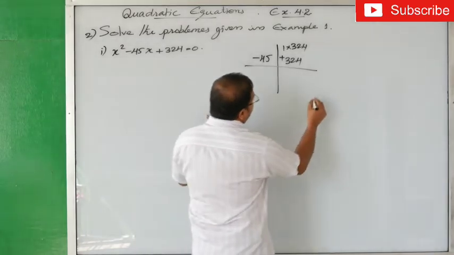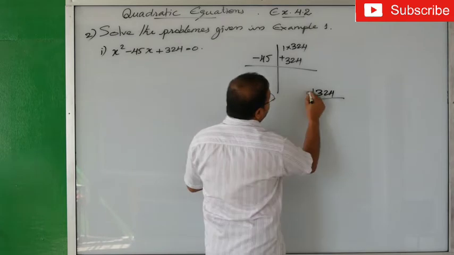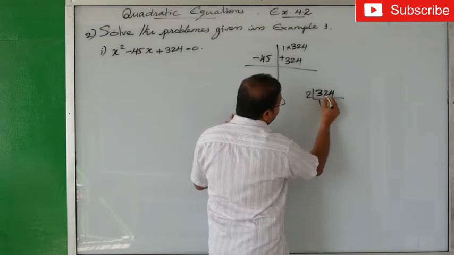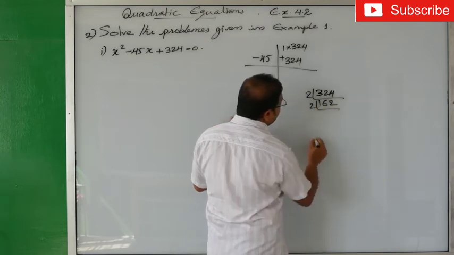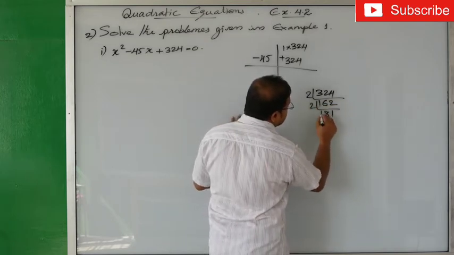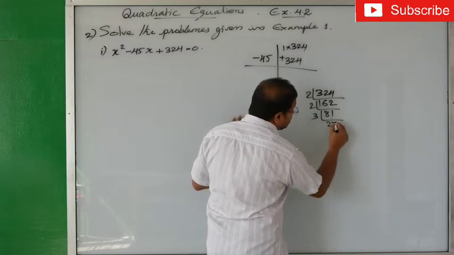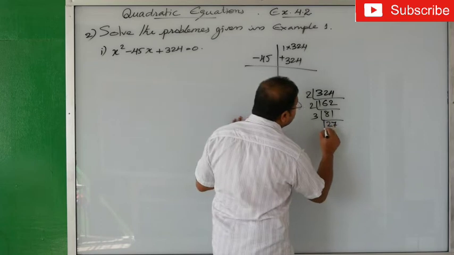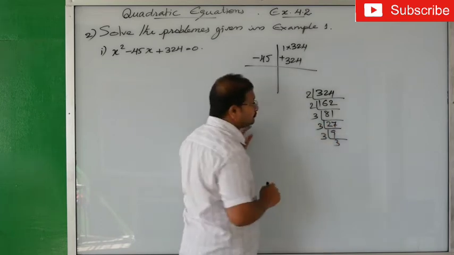Now what you will do? 324 will factorize. 2 1s are 12 means 2 6s are, again 2 2s are 4. By 2 again, 2 8s are 16, 2 1s are. By 3 now. Ready? 3 2s are 6, 3 7s are. Isn't it? Now 3 9s are 27, 3 3s are.